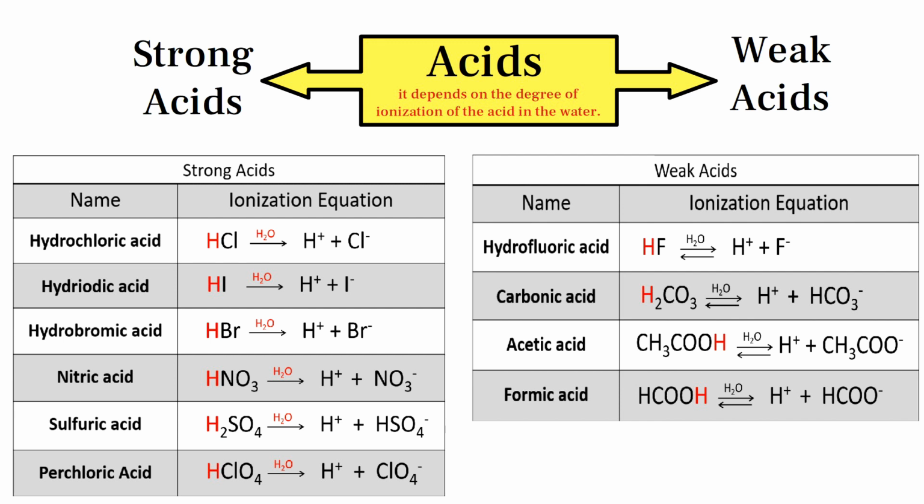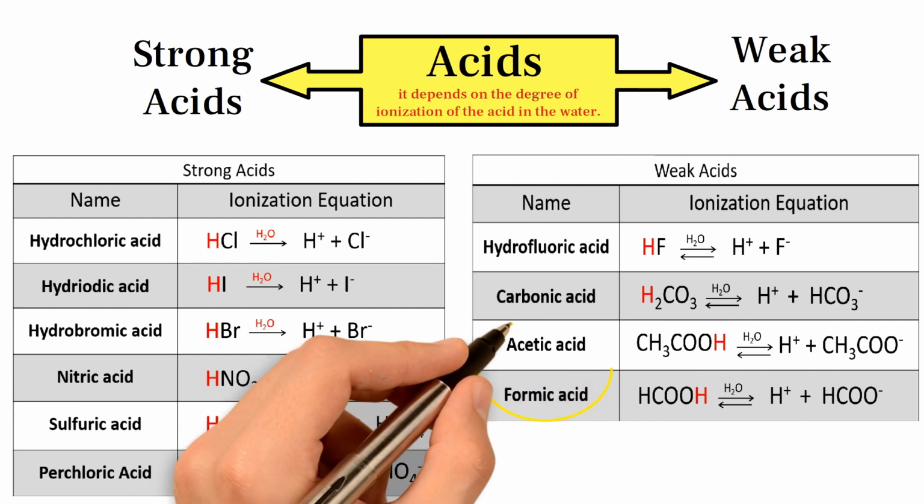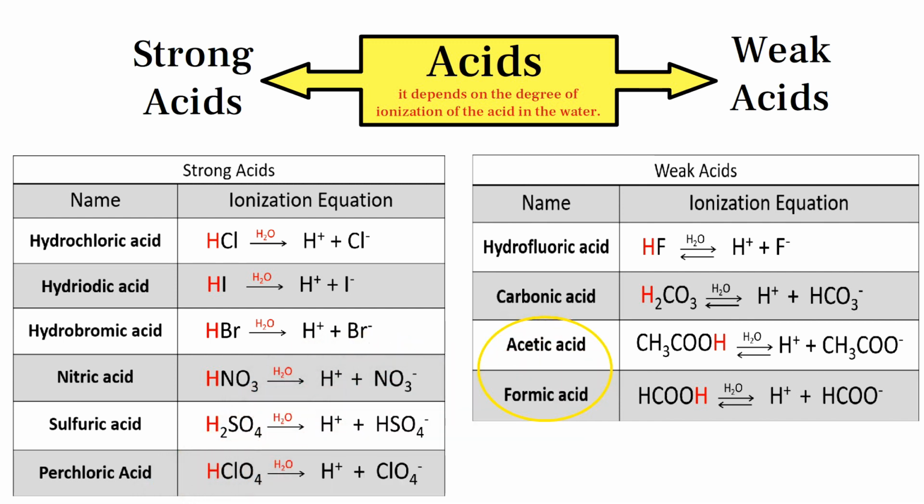As we can see, these acids contain the hydrogen element in their composition, and it's at the beginning of the compound, which is in red. Except for carboxylic acids, which are in the RCOOH formula, the hydrogen atom that is ionized is at the end of the compound.